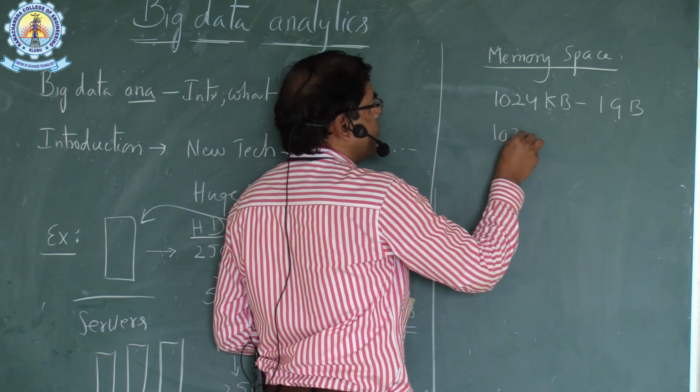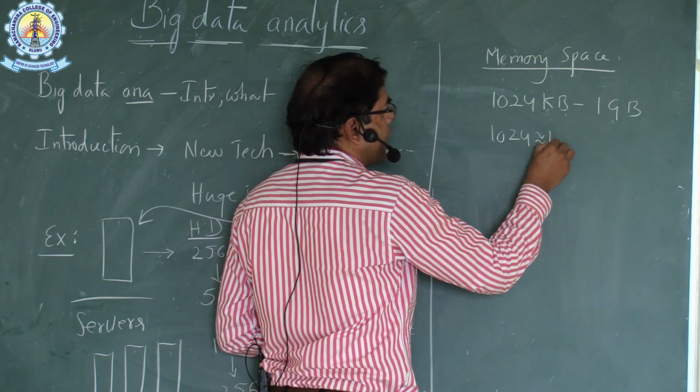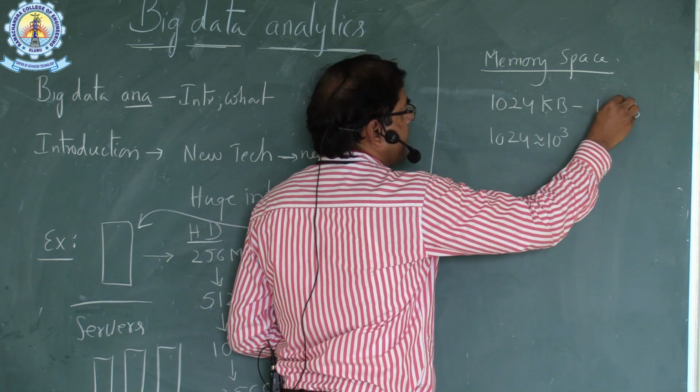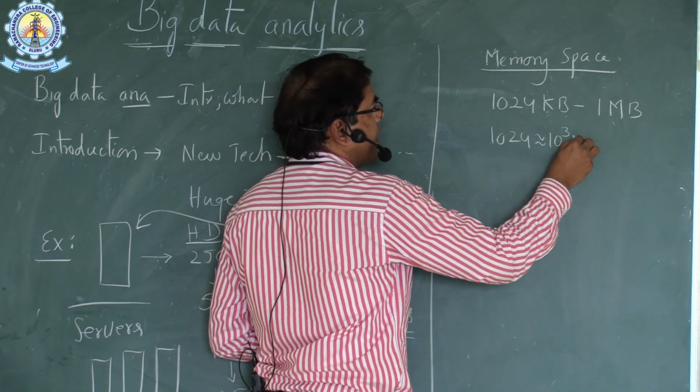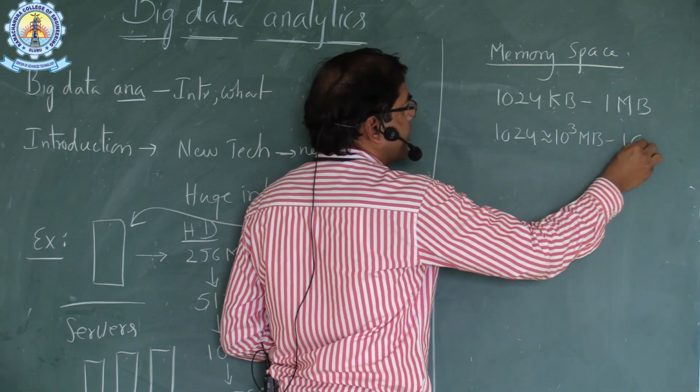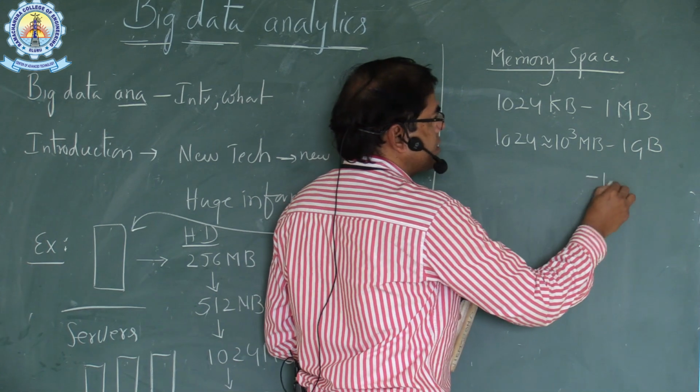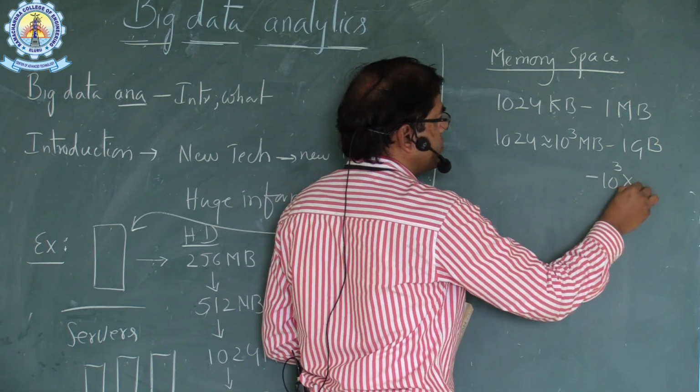Suppose 1024, I am writing it as 10 cube. 10 cube megabytes implies 1 gigabyte. That means I can write it as 10 cube into 10 cube.